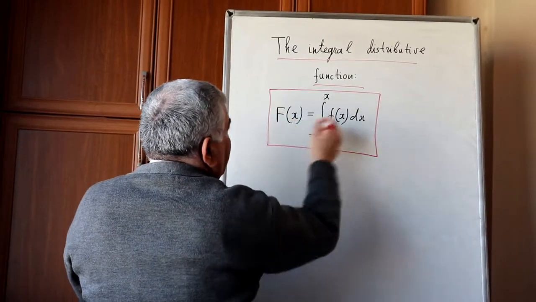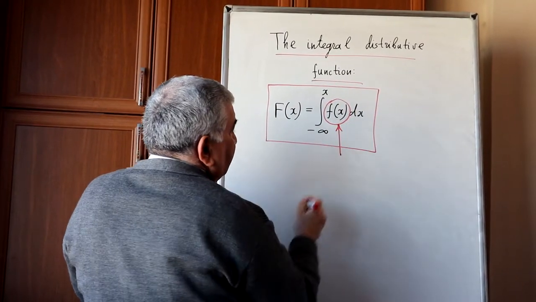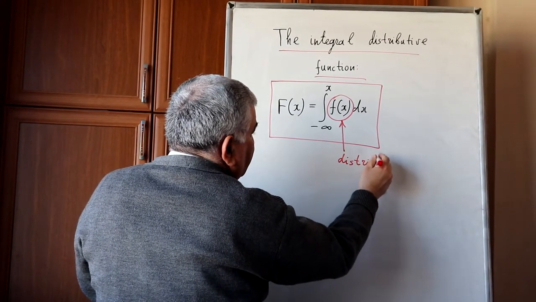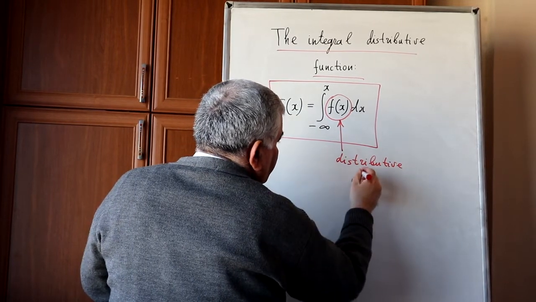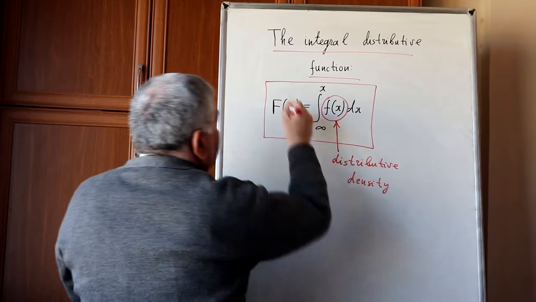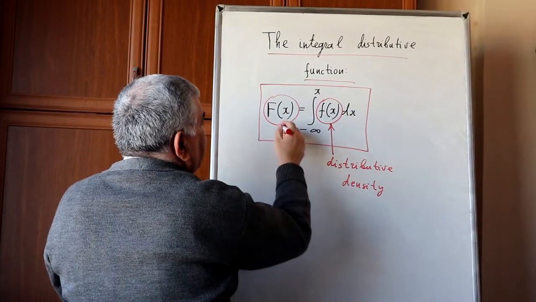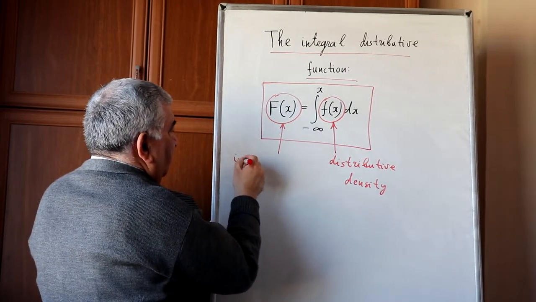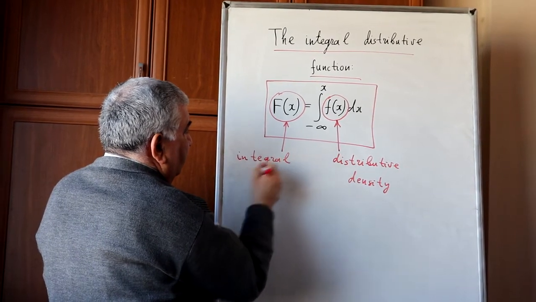Here f little of x is the distributive density, and f capital of x is the integral distributive function.